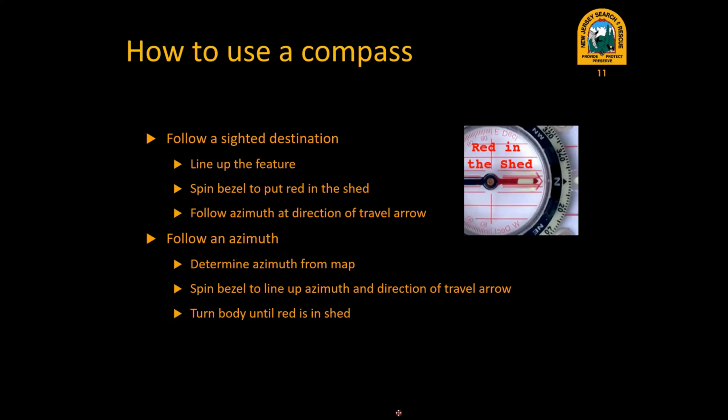Primarily, there are two things you're going to have to be able to do with your compass. The first one is to follow a sighted destination and to identify the azimuth from that destination.